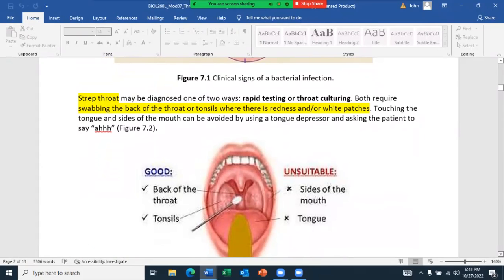For a patient who has a strep throat, it's diagnosed in one of 2 ways. There's the rapid test or the throat culturing method. We're going to talk about the throat culturing method, where the clinician swabs the back of the throat and the tonsils where there's redness and white patches, and they do not touch the tongue or the sides of the mouth.